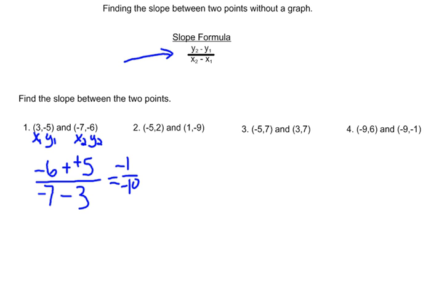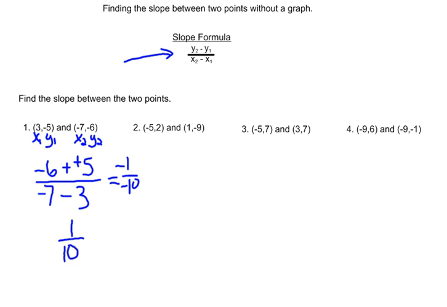So my fraction is -1 over -10, but 2 negatives make a positive. So this actually reduces, and my final answer is just going to be 1 over 10. The slope in between 3, -5 and -7, -6 is going to be 1 over 10.